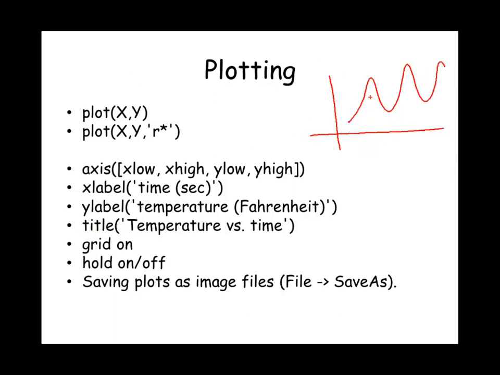If you want to keep your previous plot in the figure, you would say hold on, and then next time you plot, it will plot on top of the previous plot. You can save your plots as image files by following the File menu and going into Save As. And then, for instance, you can take those image files and place them in your presentations or reports.